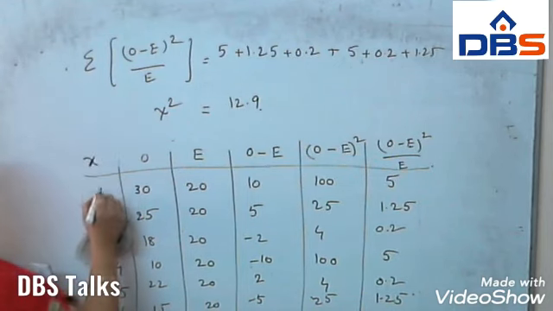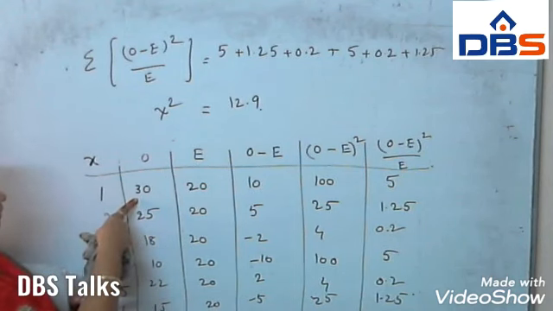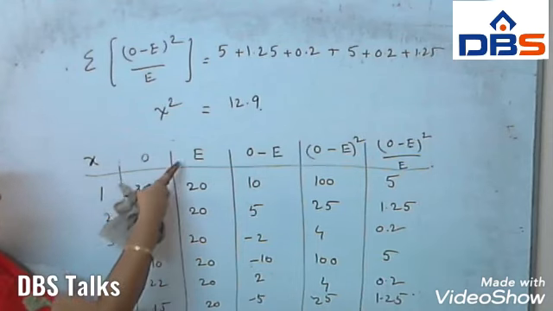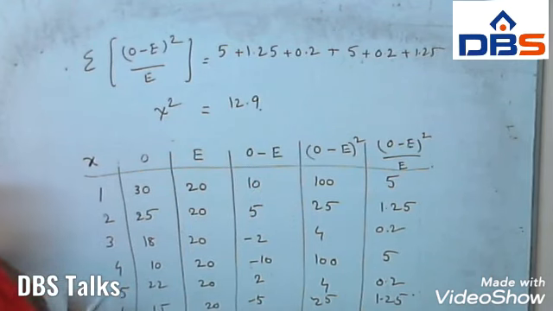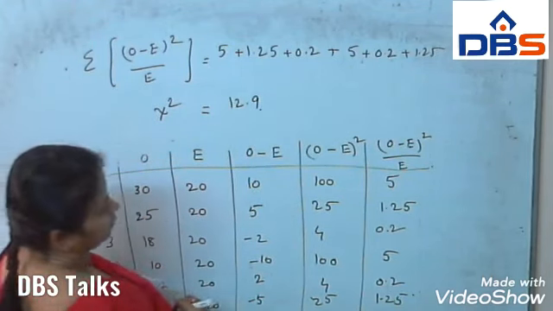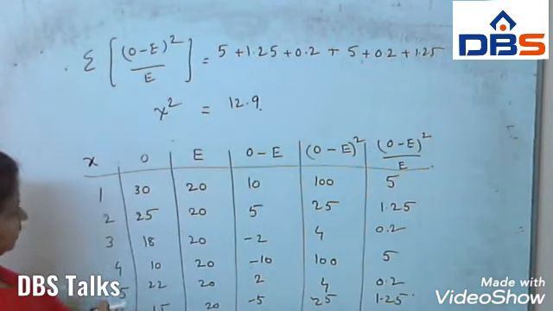O means the observed value, which is given in the table. E is the expected value we have found. So by adding all these terms, we get the chi square value, 12.9.